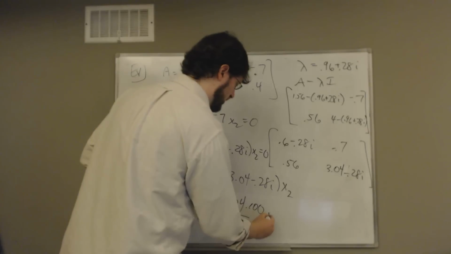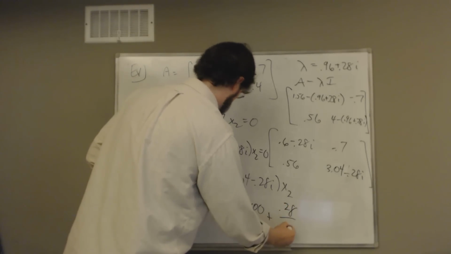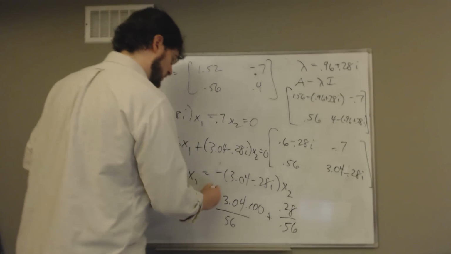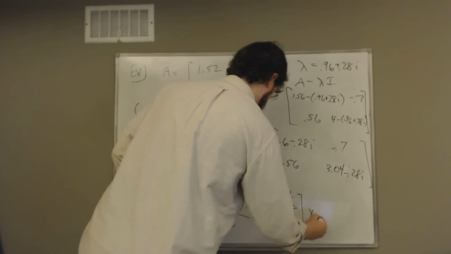Minus minus makes plus 0.28 divided by 0.56, and that's all times x2.